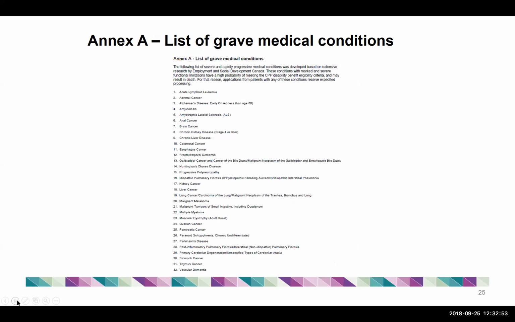So it's not a guaranteed grant, but based on our historical administrative data, there's a very high probability, sort of 80% or higher, that these individuals will be granted the benefit. And so again, for this reason, we want to put them in the fast queue. So the fast queue for terminal is 5 days, and the fast queue for grave is 30 days.